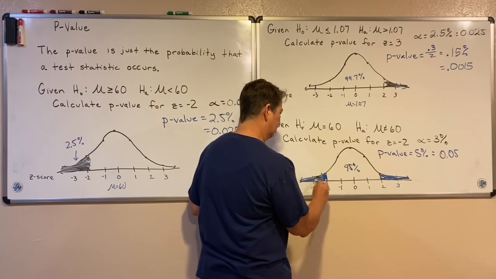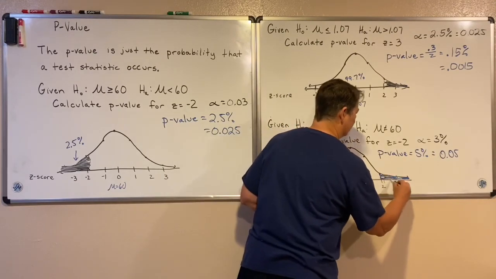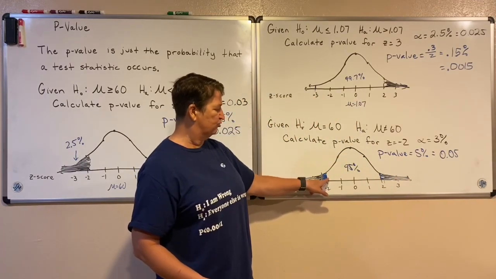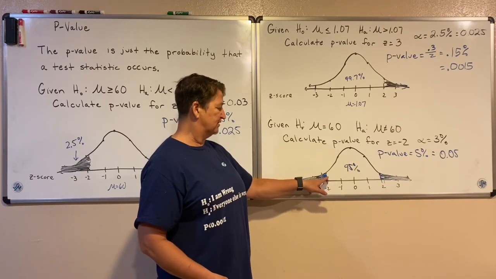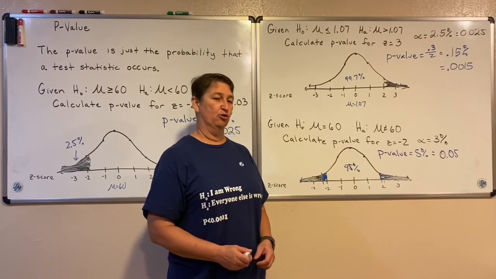Well, again, I'm looking at both ends, so either that end or this end. Notice that the z-score of -2 does not fall in that rejection region. So that z-score of -2 would fail to reject our null.